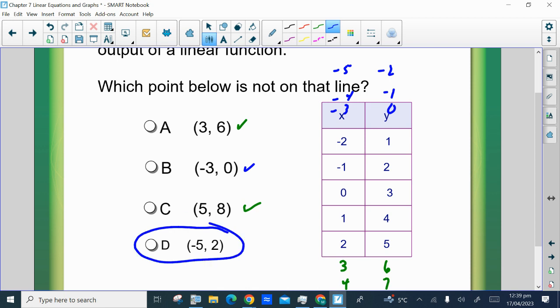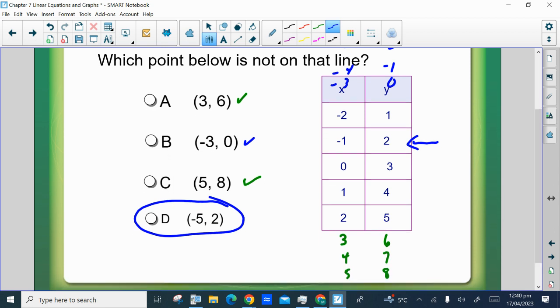So that's why the answer is D. The point 5, 2 is not on the graph. It should be the point negative 5, 2. The other reason that we knew that was true is because if we look at that point right there with a y value of 2, the x value should be negative 1, not negative 5. So you could have done it that way as well without extending the pattern going up.